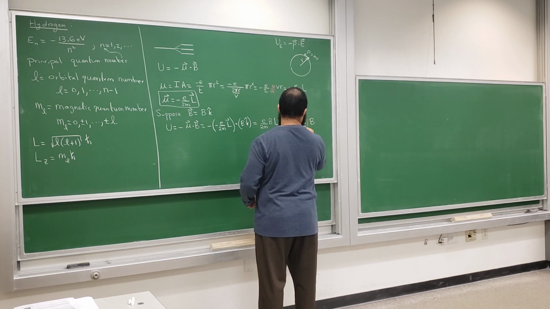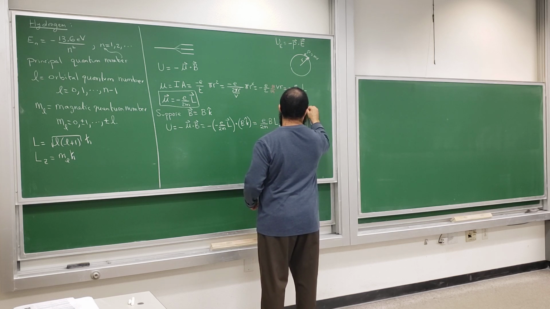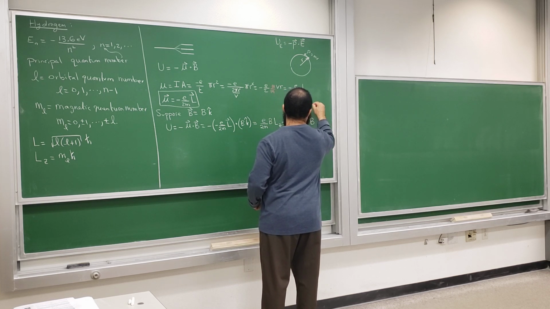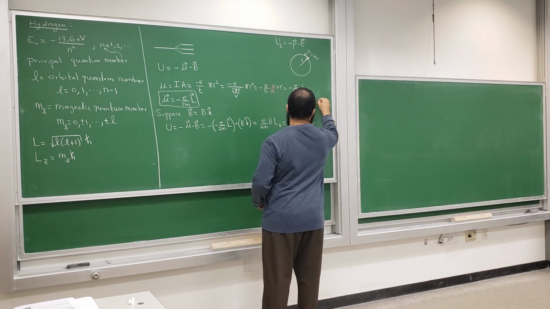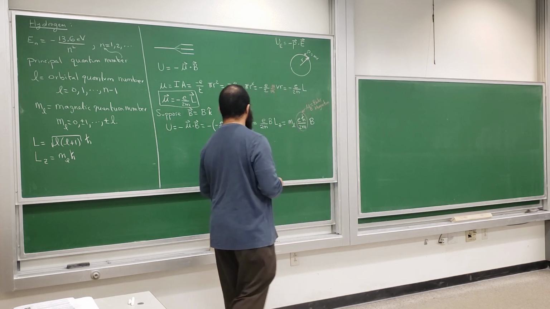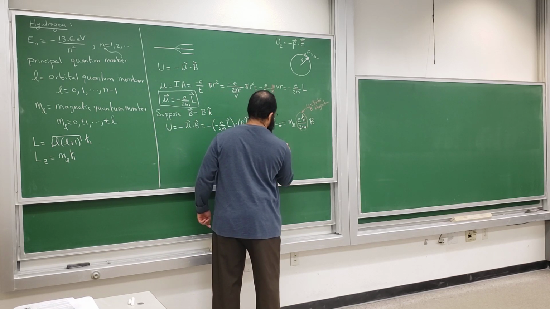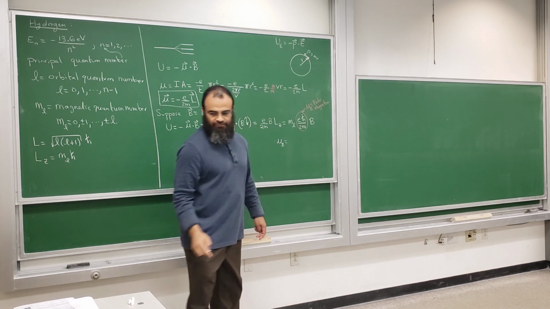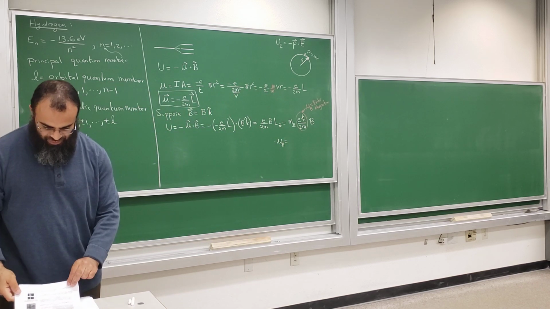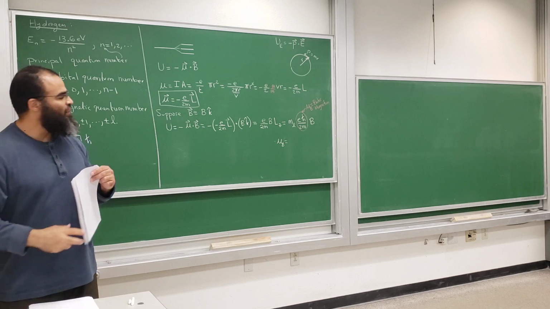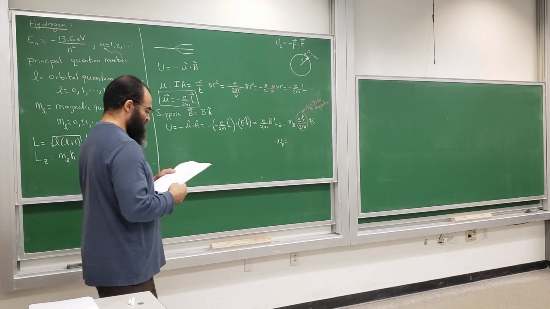This has the symbol mu B, and it is called the Bohr magneton. Okay. I'll tell you how much it is. In fact, I'll tell you now. Mu B is equal to, I don't remember the constant, but it has a value. You can plug in the numbers to figure it out.